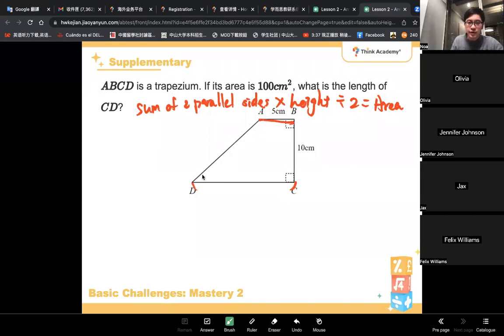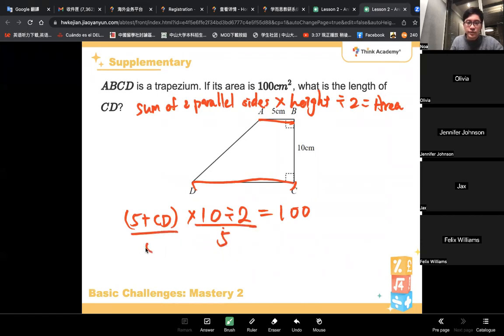These two lines are parallel. So 5 and CD, the length, times height. Height, we know it's 10, right? It's the perpendicular distance between the base and the opposite side. Divided by 2 equals the area. That's all we have, right? That's all we have. And this is 5. And 5 plus CD, we don't know.